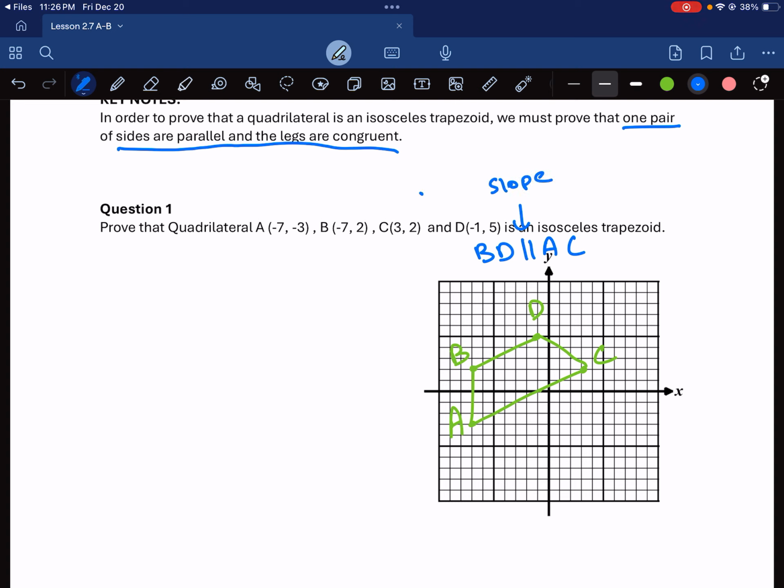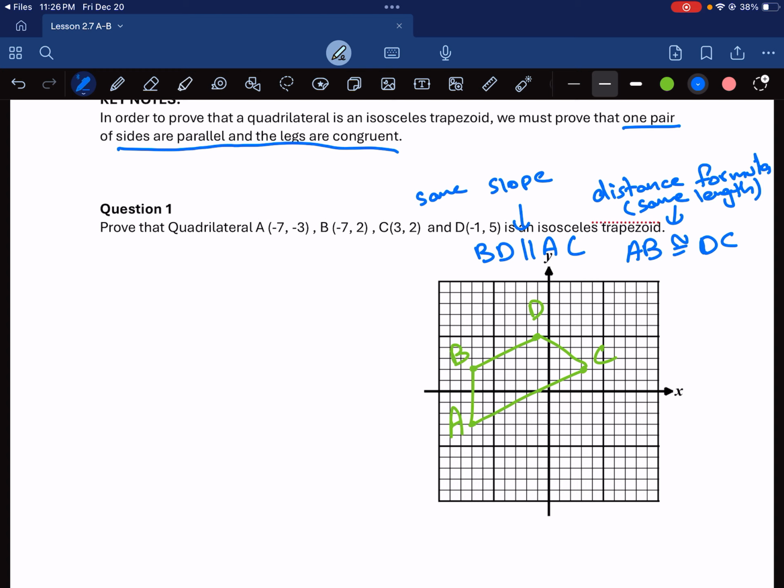That means they must have the same slope. But we also have to prove that AB is congruent to DC. For that, you're going to have to use the distance formula, to show they have the same length. And if we can prove both of those things, then we can say it is an isosceles trapezoid.